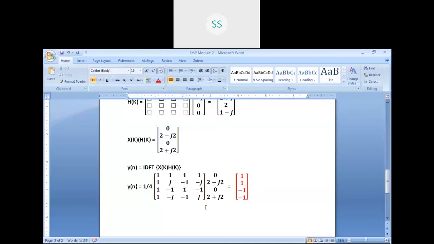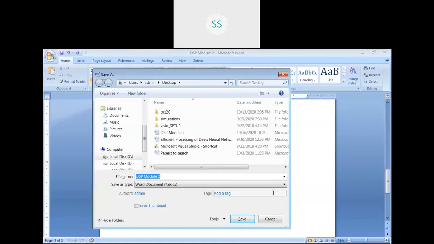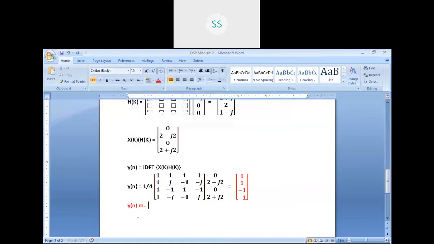So y of n is equal to 1, 1, minus 1, minus 1.